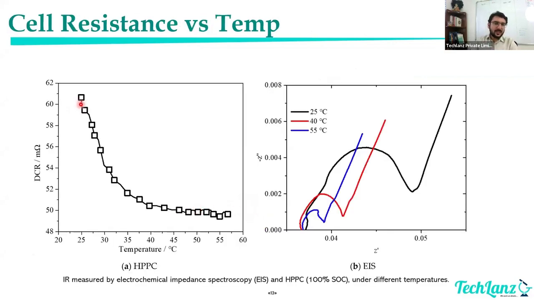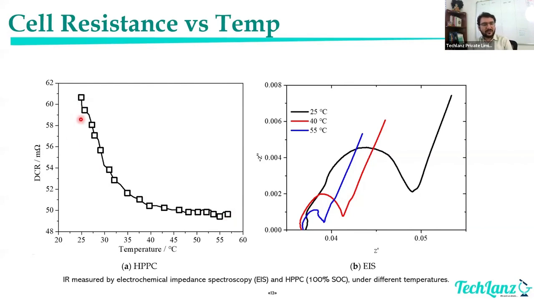Now, if you talk about DCIR, the DCIR changes with respect to temperature, and as the temperature increases, the resistance goes down. We have seen this in the first slide also, right? This is the same thing, because the viscosity of the electrolyte is less. The Arrhenius equation is also governing things, where the rate of reaction is dependent on temperature, right?